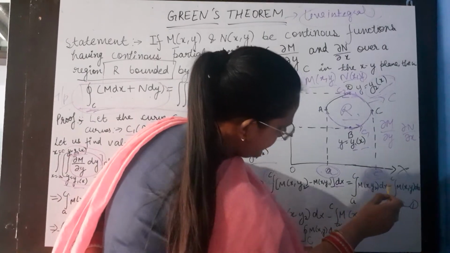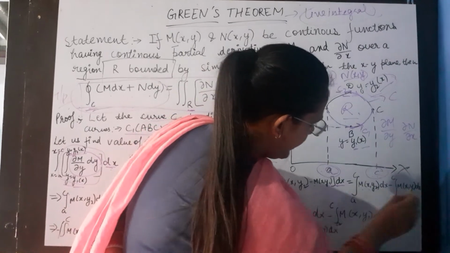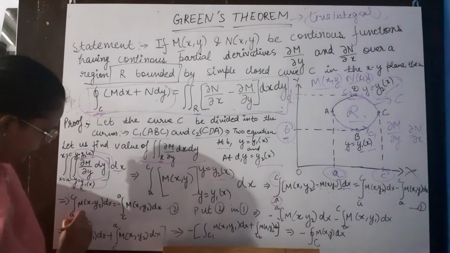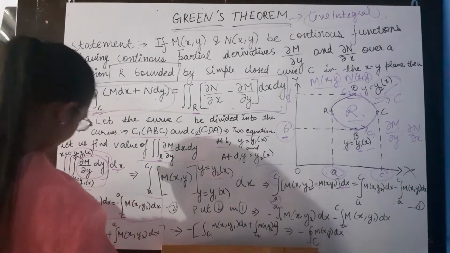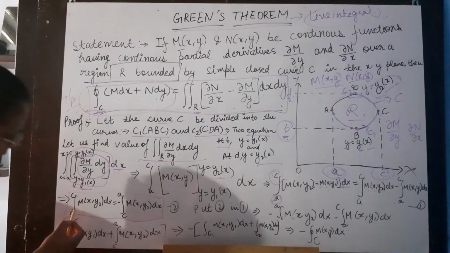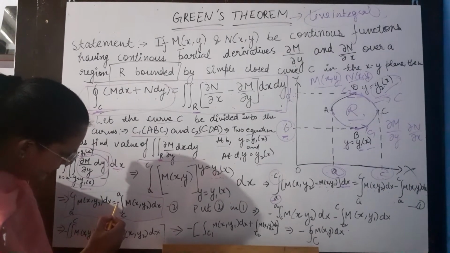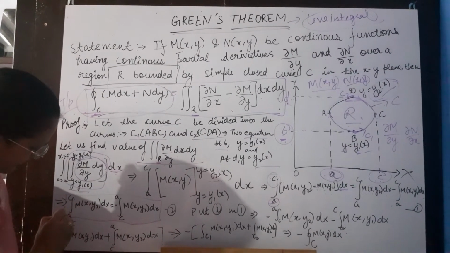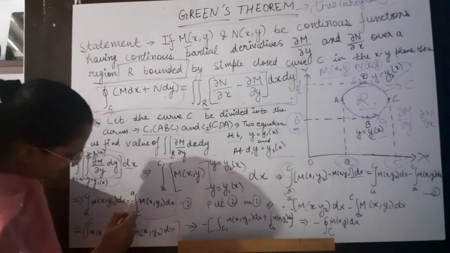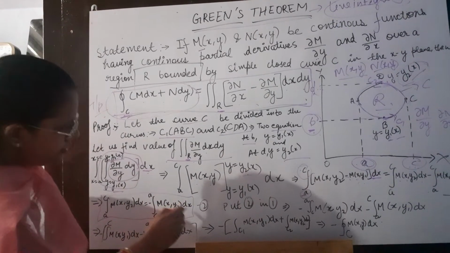We break this into the integral from a to c of M(x,y2) dx minus the integral from a to c of M(x,y1) dx. By the rules of integrals, when we interchange the lower and upper limits we get a minus sign, so the integral from a to c of M(x,y2) dx becomes minus the integral from c to a of M(x,y2) dx.